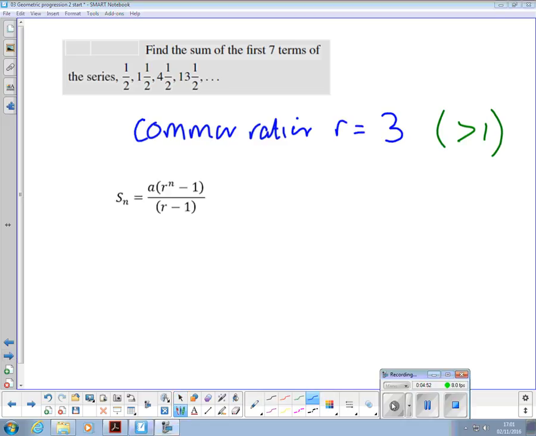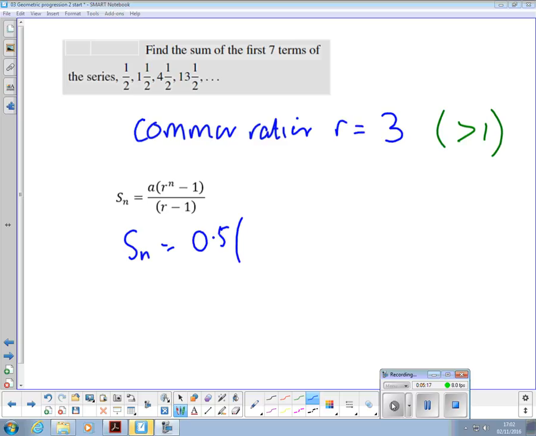Right, guys, so all we have to do here is plug the numbers into that formula. That's the version for a progression where R is greater than 1. So we just put the numbers in. A is 0.5.